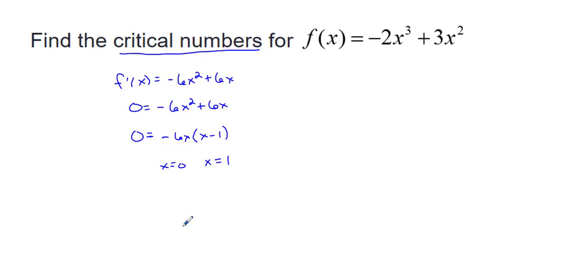To be turning twice, you have to have a max of 2 critical numbers. That should make sense too, because your derivative is 1 power less. That means you'll have 2 zeros. So we just say the critical numbers are x equals 0 and x equals 1. That's it. That's all you got to do.